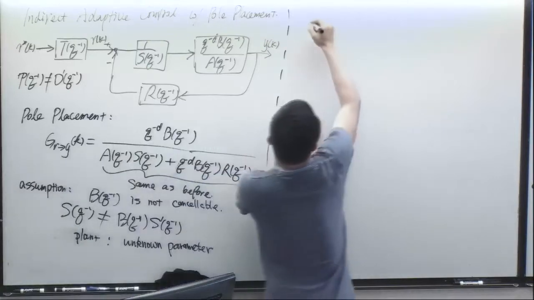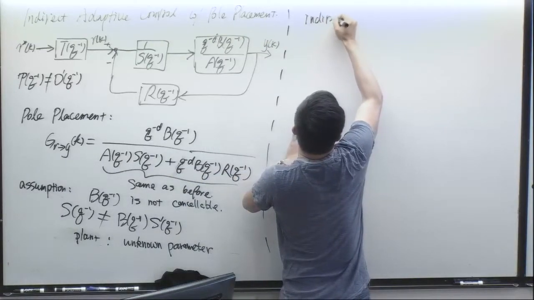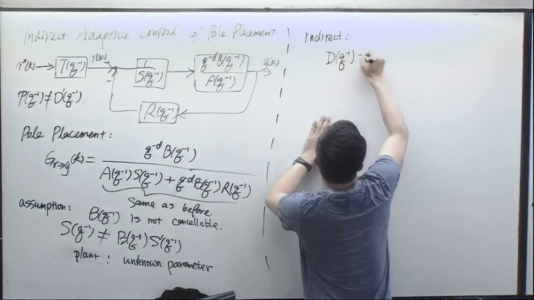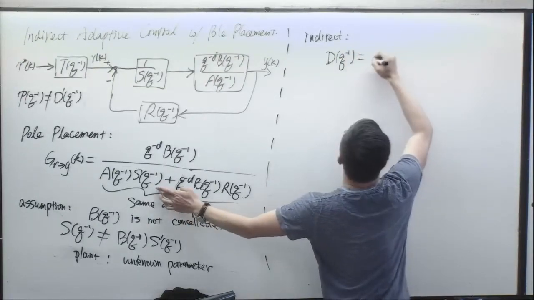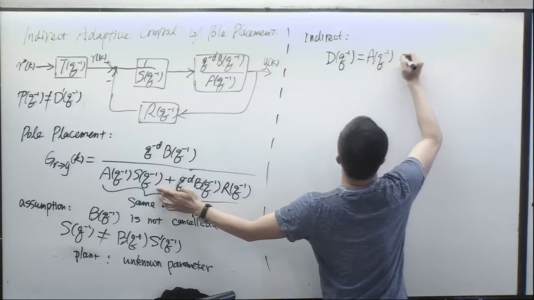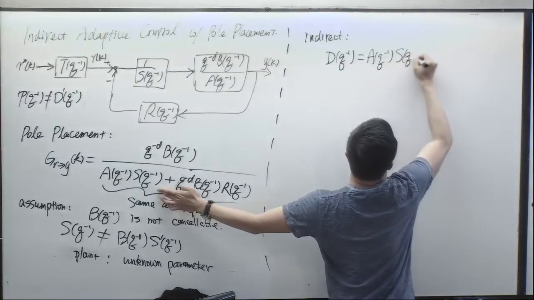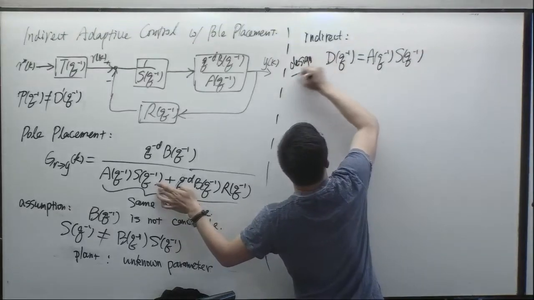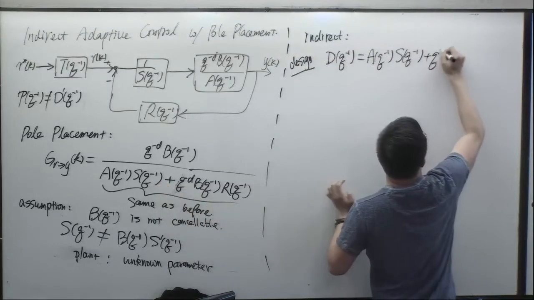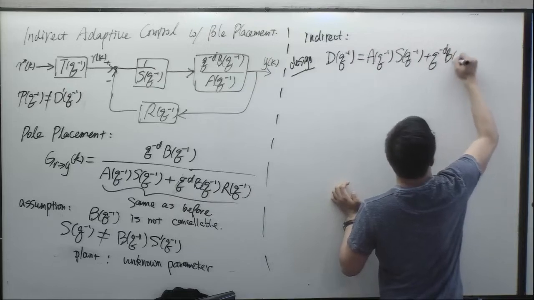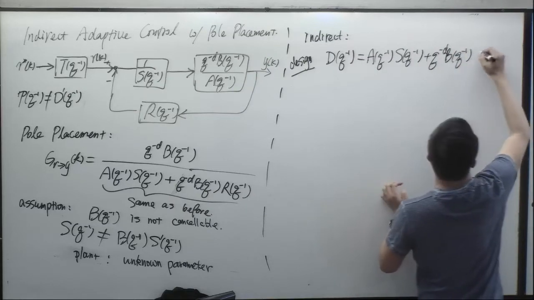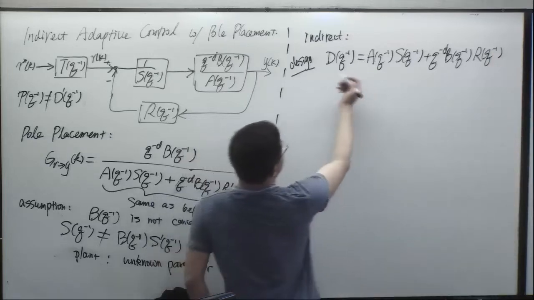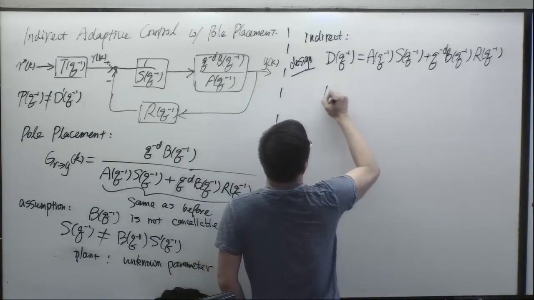All right, so indirect is in the sense where we design the pole placement to be this. So we have the entire polynomial for the denominator. This is design.